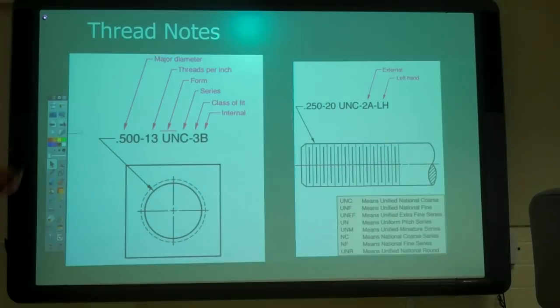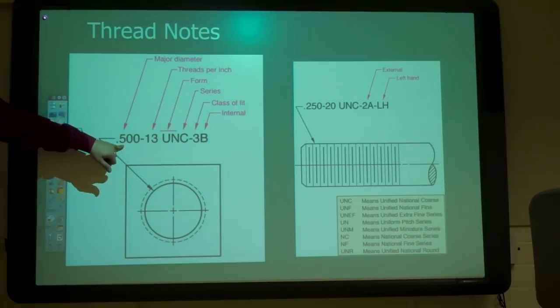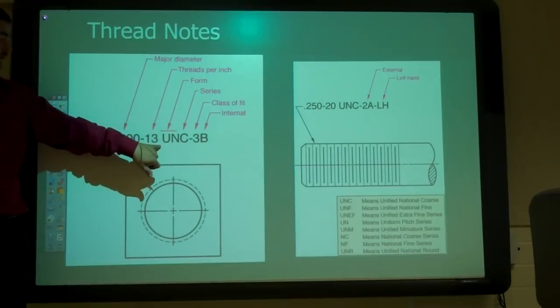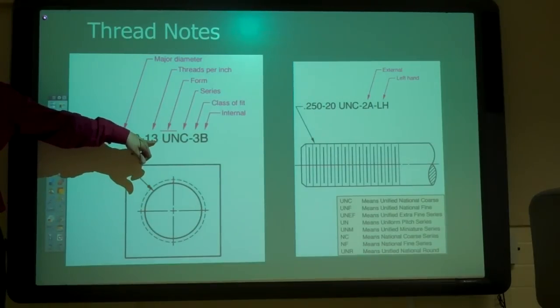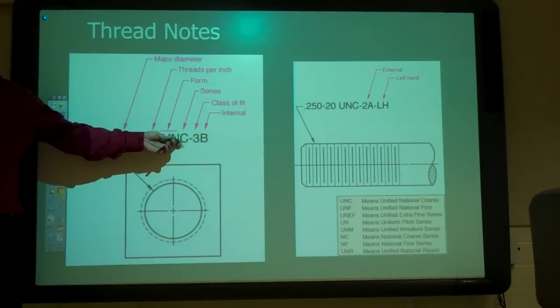And that's what we're going to talk about now. So when we call out a thread, we're going to call out the major diameter. This is a standard or Imperial drawing, so we're going to call out the threads per inch. Then the form, Unified National.